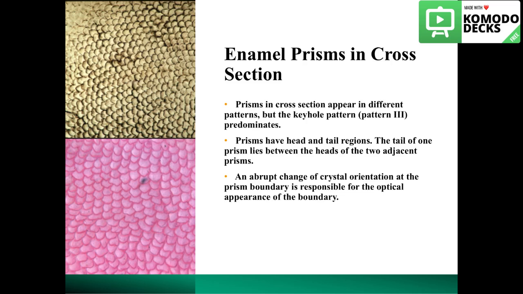Maybe it's hard for you to see it in this section, but I will show the head and the tail in another section in a few moments. An abrupt change of crystal orientation at the prism boundary is responsible for the optical appearance of the boundary, which means that the boundary looks a little bit darker than the inside of the prism.